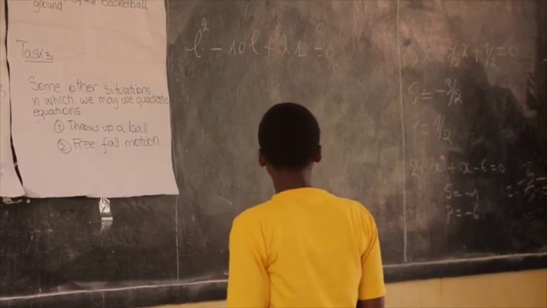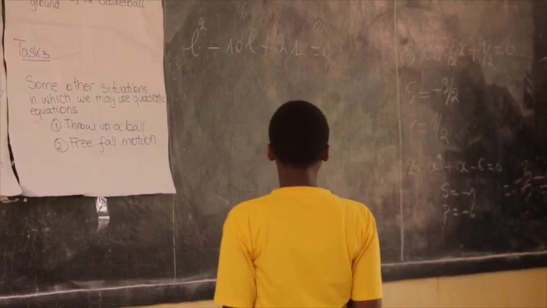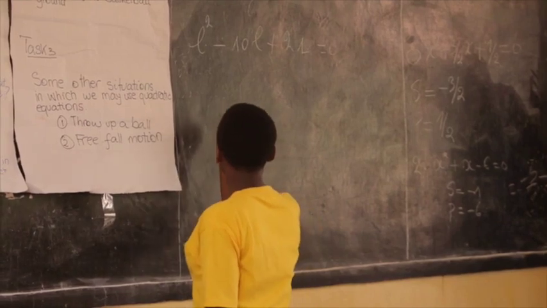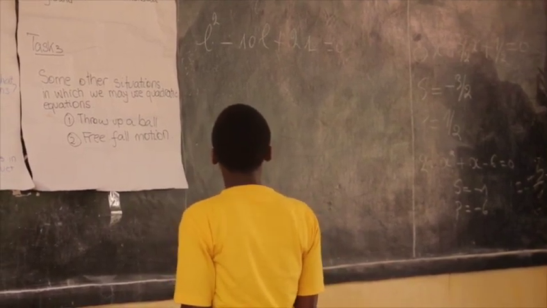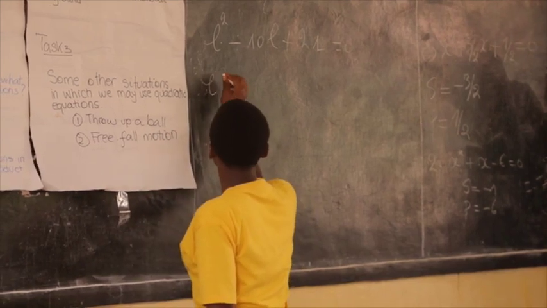When you take minus 7 times minus 3, they give us plus 21. And when you take minus 7 plus minus 3, they give us minus 10.